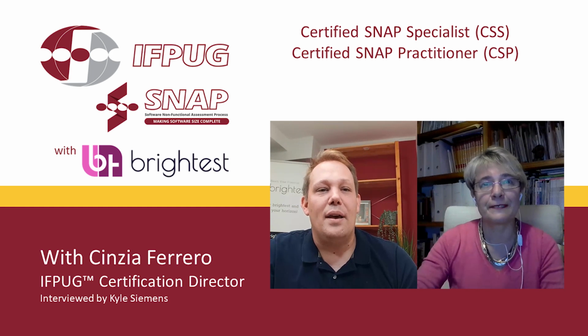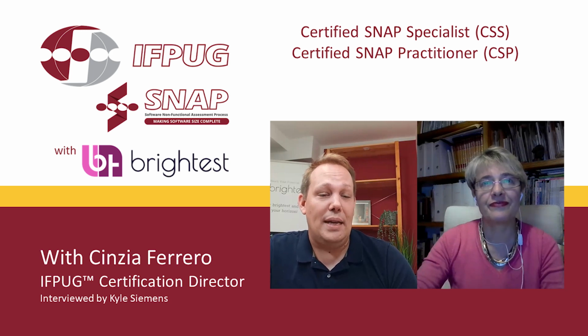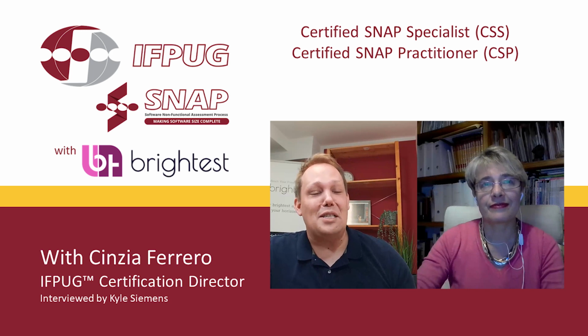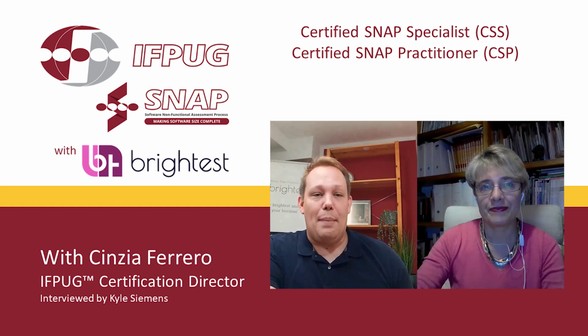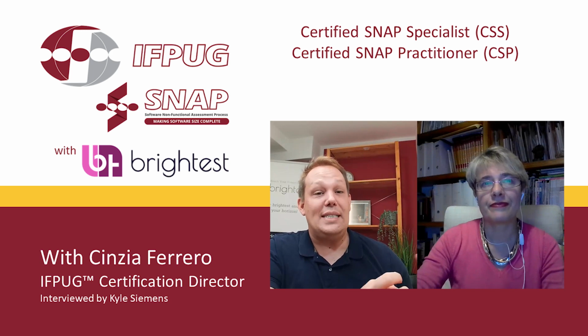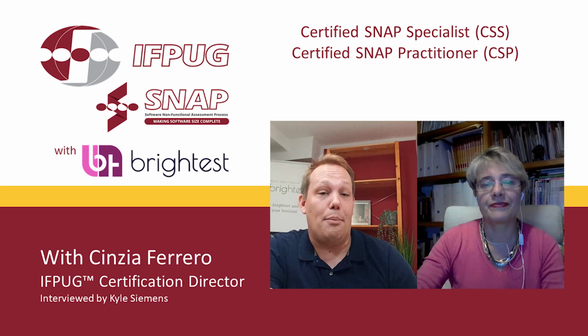Okay. And the main one that most people are probably most familiar with would be the IFPUG CFPS, CFPP, so the function point specialist, function point practitioner. What do you think is the main difference between the existing main certification about function points and this one for SNAP, CSS CSP, which is the Certified SNAP Specialist or Certified SNAP Practitioner?